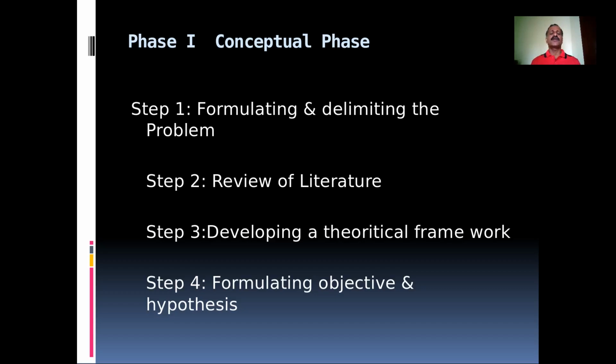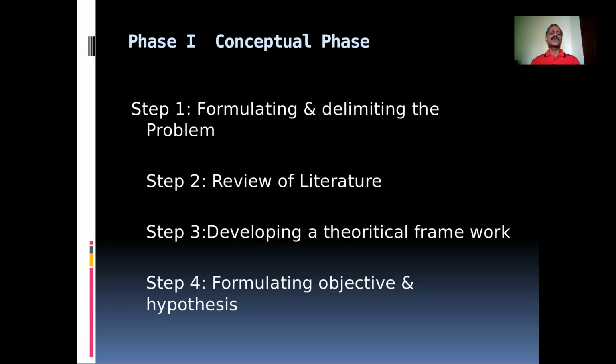From a very broad area, we limit the problem to a specific area where we can conduct our study. This is called delimiting the problem. So the first step involves formulating the problem and delimiting the problem.